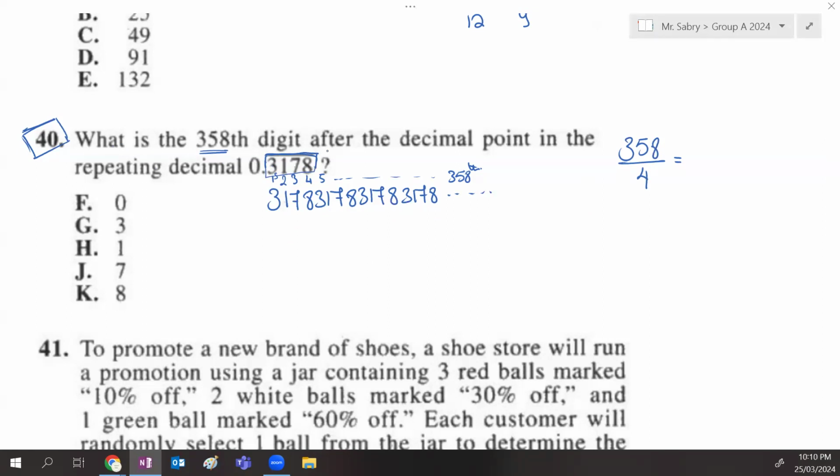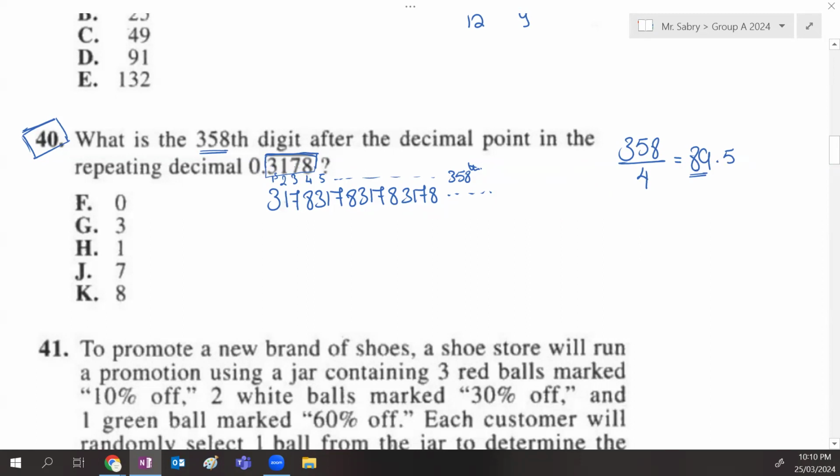So 358 divided by 4 would get you 89.5. What does 89.5 mean? It means the 3178 will be repeated 89 times.